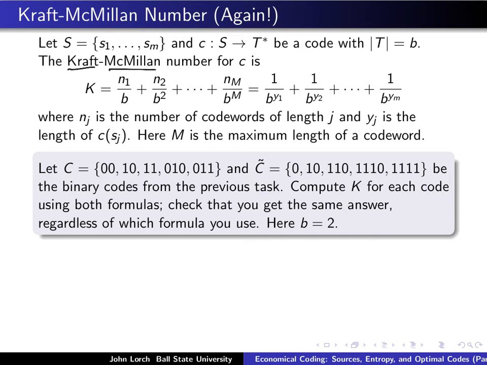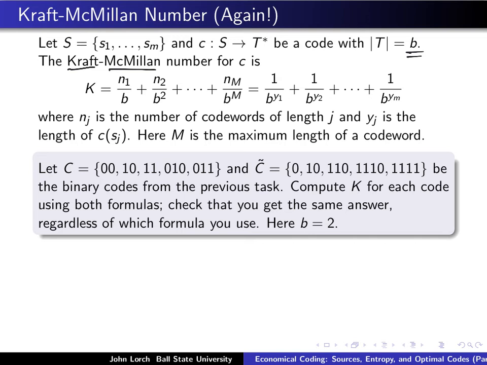So remember that, if we have a code where the size of the code alphabet is B, the Kraft-Macmillan number is n sub 1 over B plus n sub 2 over B squared up through n sub m over B to the m, where remember that n sub j is the number of code words of length j, where capital N is the maximum length of a code word.